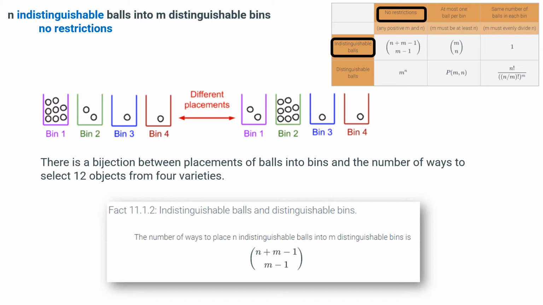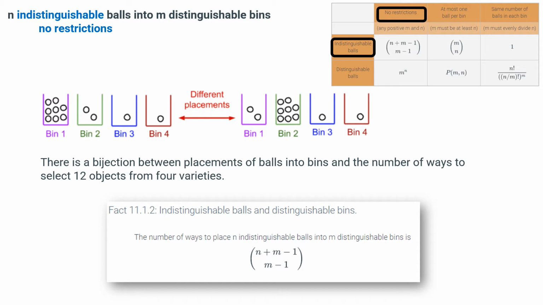And this bijection that is brought up, it's not real obvious how we come up with that formula. But if you remember in the last lesson, we would take scenarios like this and make a bijection from them to a code word where it had zeros for our selections of the different varieties and ones to separate the varieties.